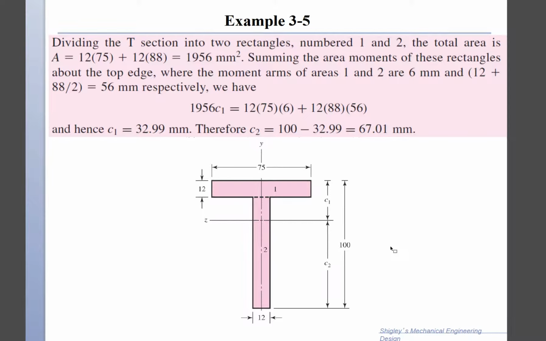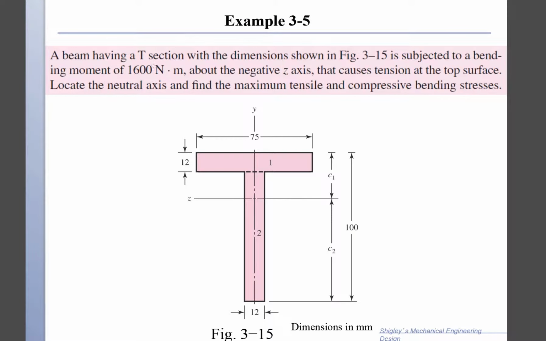And what you see here is a T-section, and we have 1600 newton meter. This is the moment that's applied. It's applied about the negative z-axis. So the z-axis is going this way.